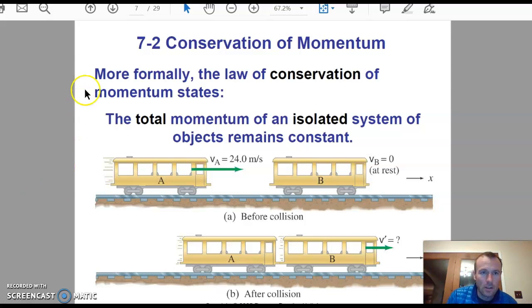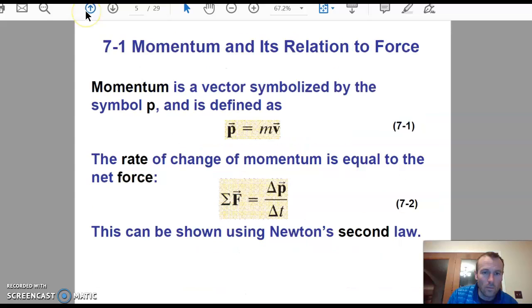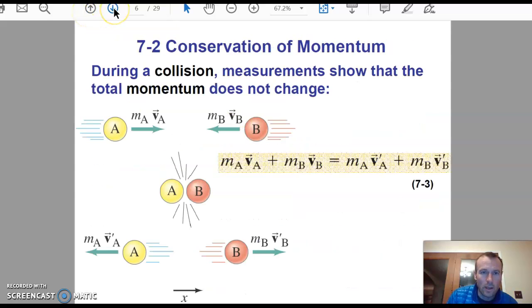In equation form, what we have here is the mass of object A multiplied by the velocity of object A, plus the mass of object B times the velocity of object B. That is going to be the total initial momentum of the system.